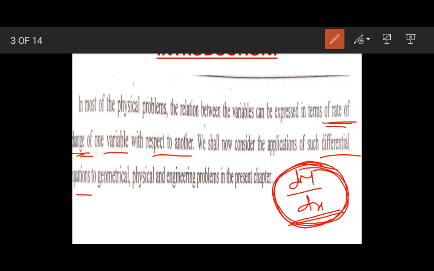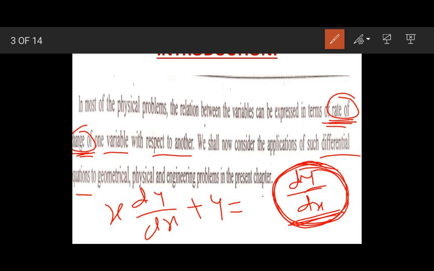In every field, in every branch of engineering, we come across this term rate of change. Whenever we have this term, it means we have a derivative of the dependent variable with respect to the independent variable. When we get the equation of this derivative, that is known as a differential equation.